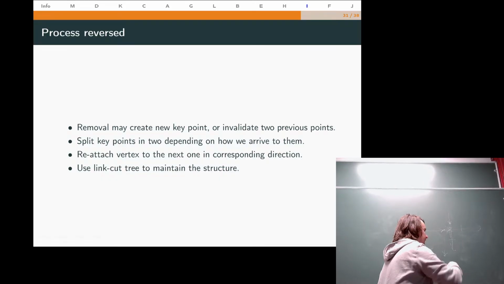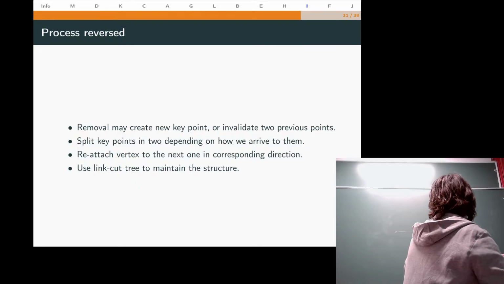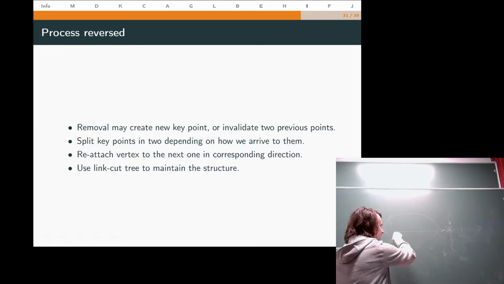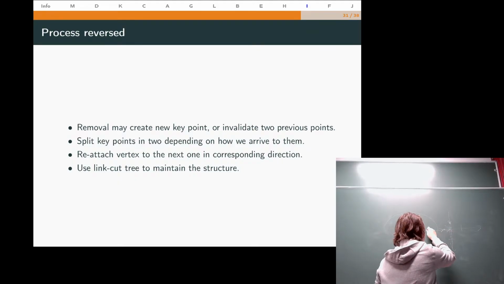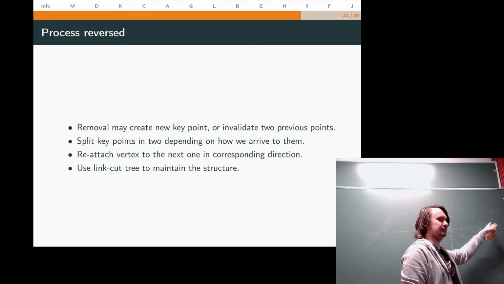to continue further down. So essentially, what we will need to do is we take a tree that is rooted somewhere here, and we reattach it to the next key point that we can reach in this direction.